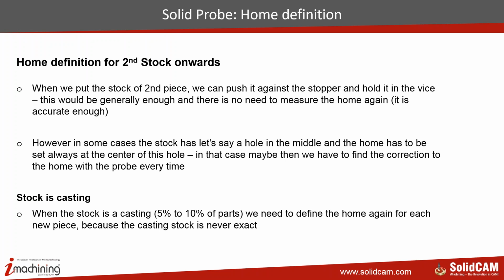If you're using the probe manually, you have to go down every single part and create another home position. With the solid probe, you do not have to do that. You set from how far of a distance you want to check your home position, and it'll find it for you as a cycle already inside your program itself.